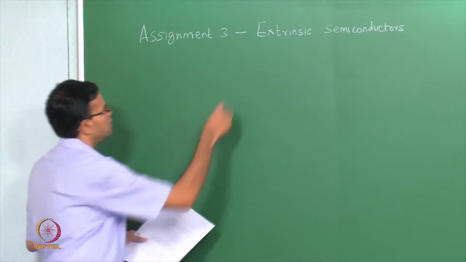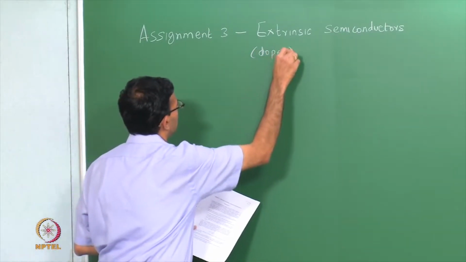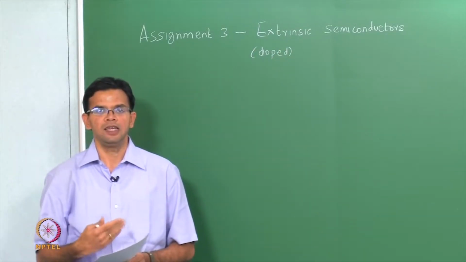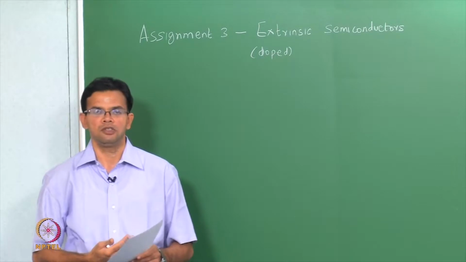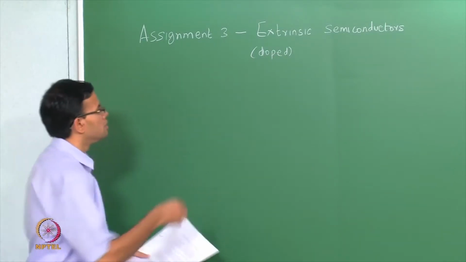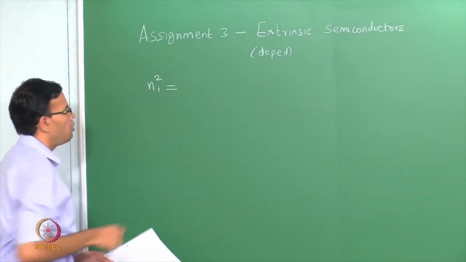So, before we look at the numerical problems, let me do a brief recap. Extrinsic semiconductors are also called doped semiconductors. The whole process of doping is to selectively increase your carrier concentration, so either n or p. The law of mass action has to be obeyed.